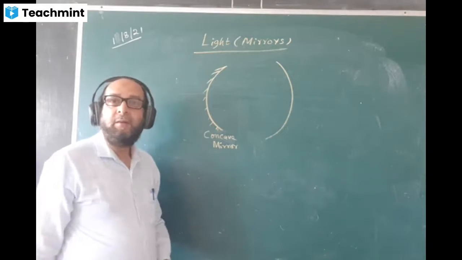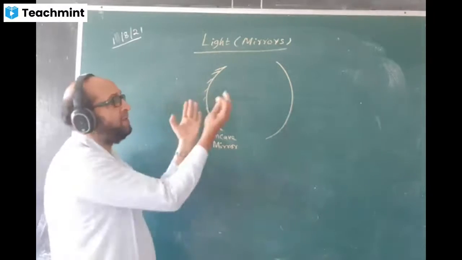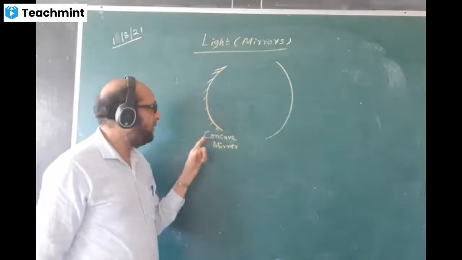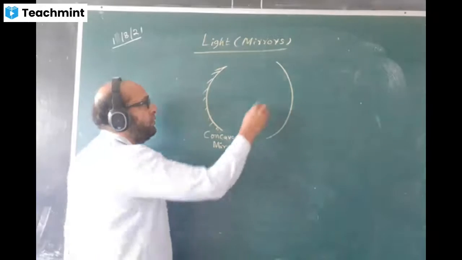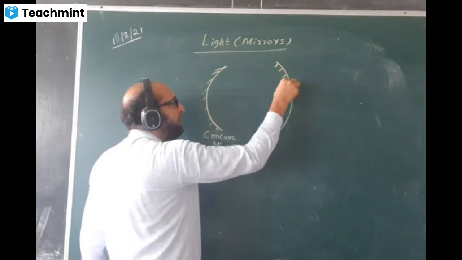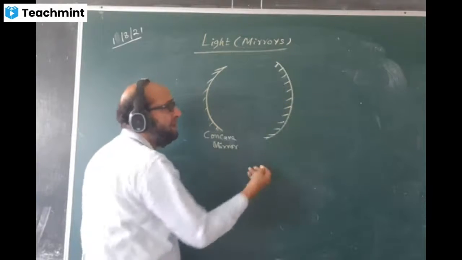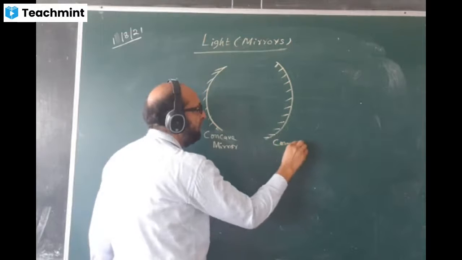The mirror whose bulge portion, the portion which is coming out, is polished, is called a concave mirror. And whose flattened portion is polished, then the bulge portion will receive the light. This is called a convex mirror.